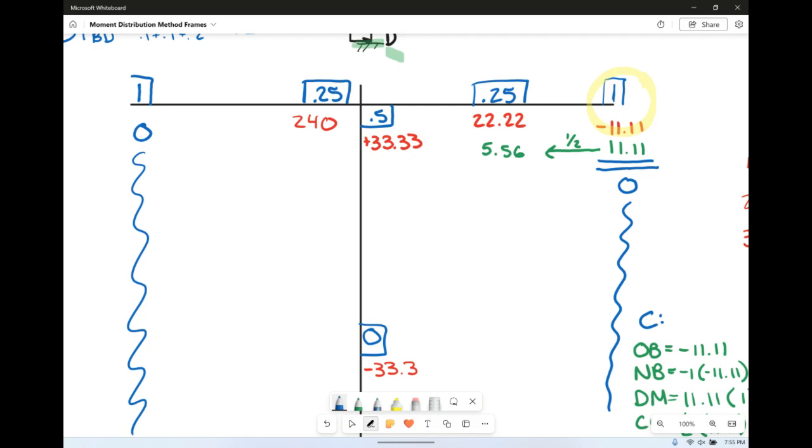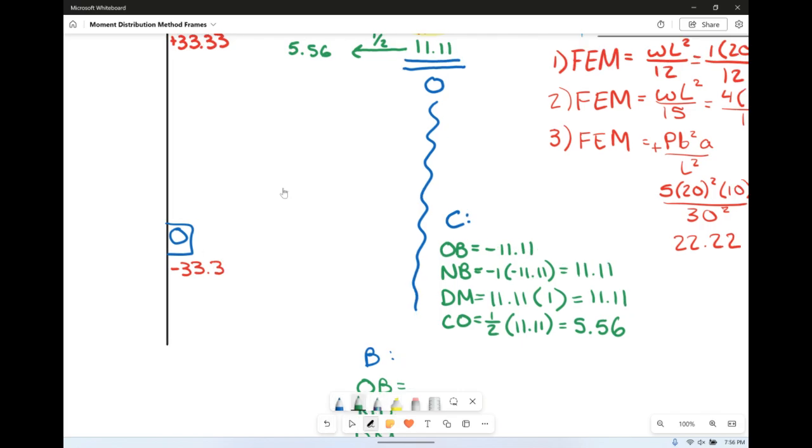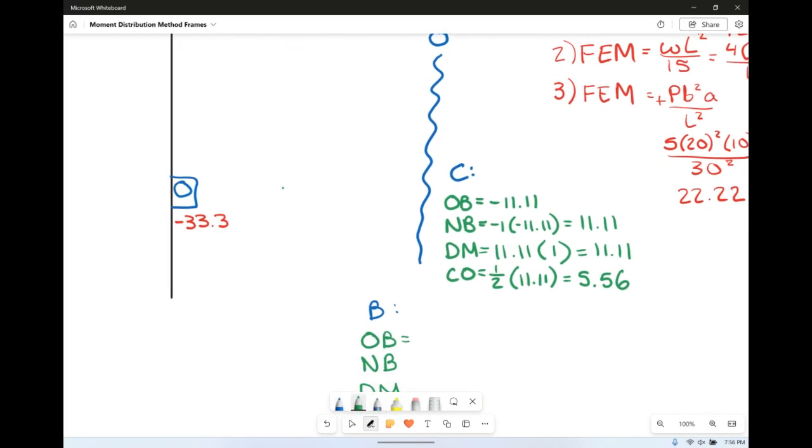To find that, we have to sum up everything above this line. Everything, all of the things related to that joint. So this guy, and all of these things. We have to sum all of that up above that line. So let's write it out. We had positive 240.